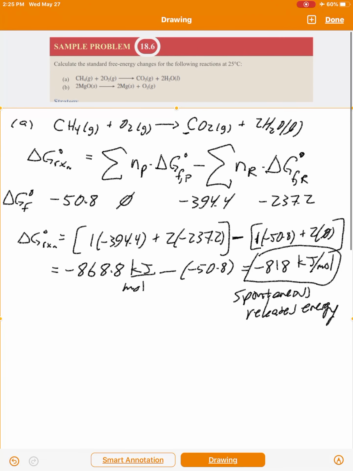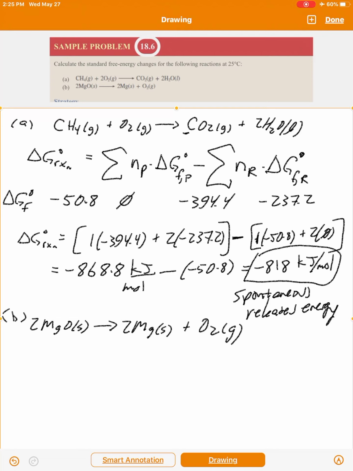Let's take a look at part B. Part B is 2 MgO solid goes to 2 Mg solid. Now notice this is a lot easier than the previous sample problem where we had to look up standard entropy values and then find delta S of the system, look up delta H of formation numbers and then calculate minus delta H over T, and then take those two and add them together, delta S of the system plus delta S of the surroundings.